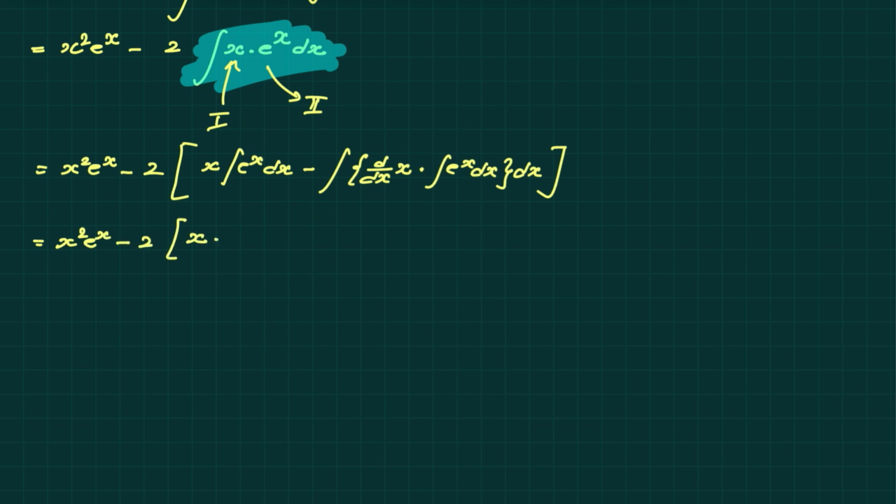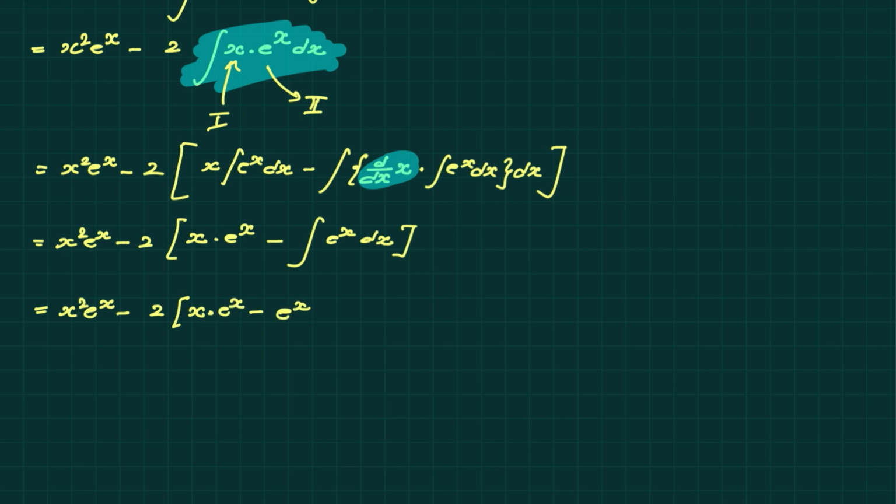x integration of e to the power x is e to the power x, minus integration of d/dx of x is 1 and integration of e to the power x is e to the power x only, dx. Equals x square e to the power x minus 2 into x into e to the power x minus e to the power x plus c.